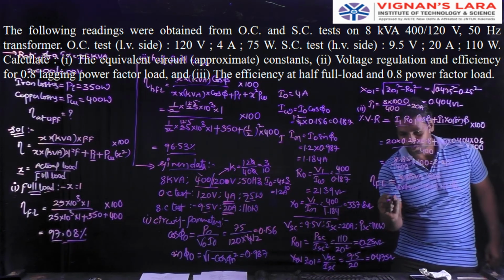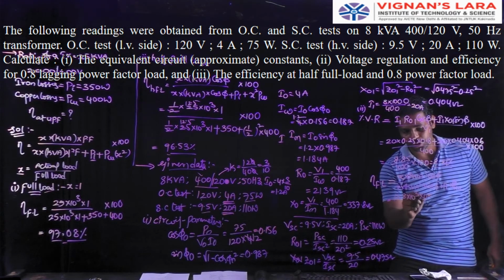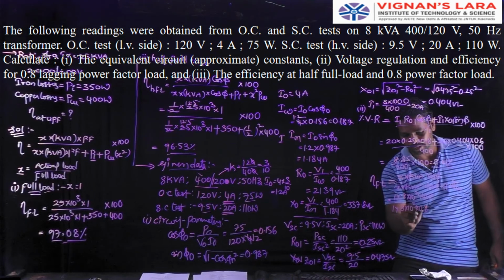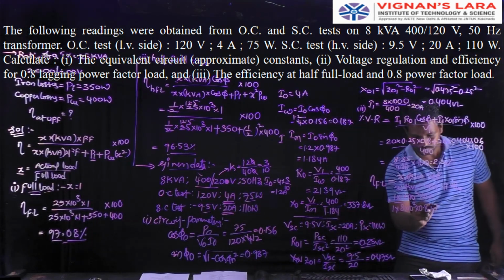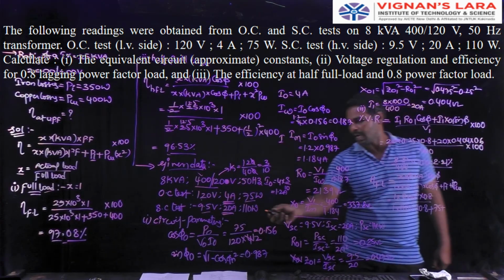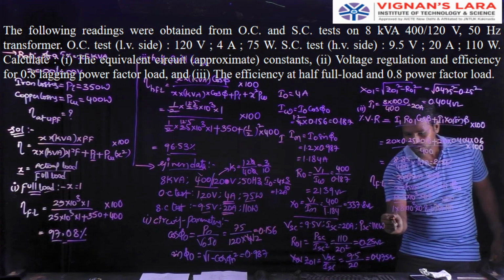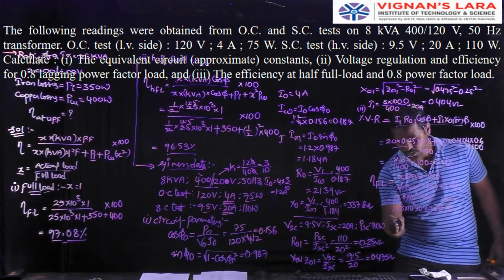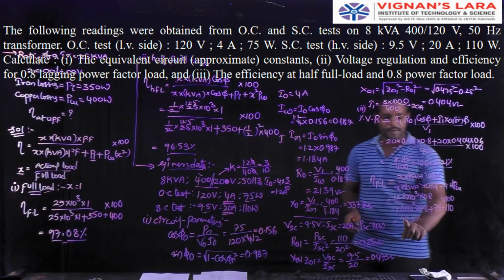So 1 into 8 into 10 cube into 0.8 divided by 1 into 8 into 10 cube into 0.8 plus iron losses 75 from the OC test plus full load copper losses 110, into 100. So the full load efficiency is 97.2.